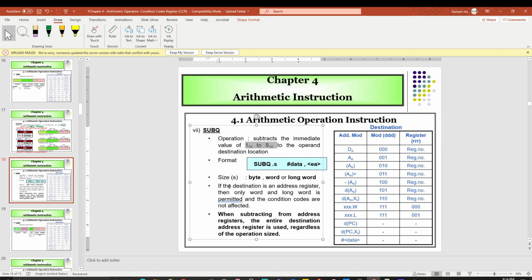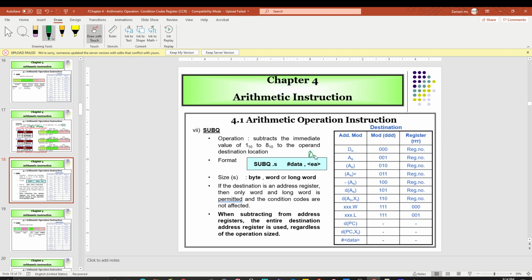If the destination is an address register, that's the problem. Every time you work with an address register, the entire destination address register is used regardless of any operation size. If you use byte, word or long word, you have to use all the contents in the address register for the SUBQ.